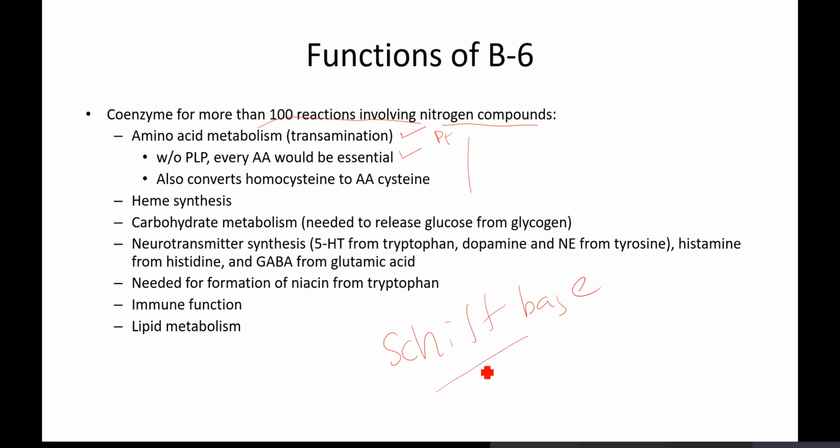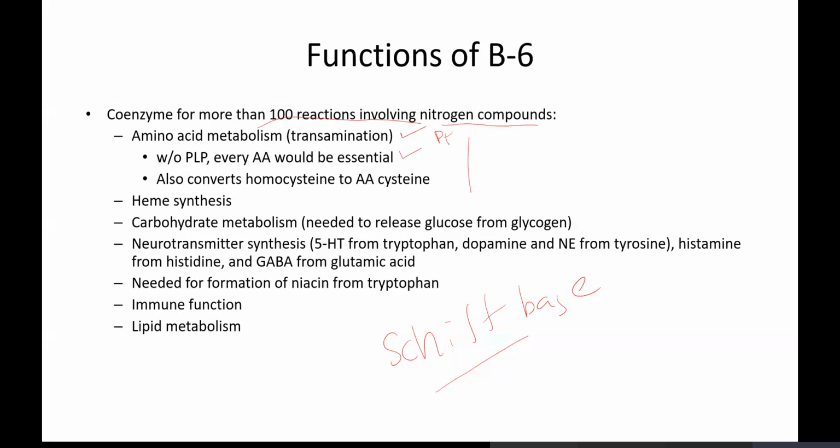The amino group is handed over to PLP to form pyridoxamine phosphate, and the keto acid is formed. It is needed in carbohydrate metabolism, also in neurotransmitter synthesis, and for formation of niacin from tryptophan.